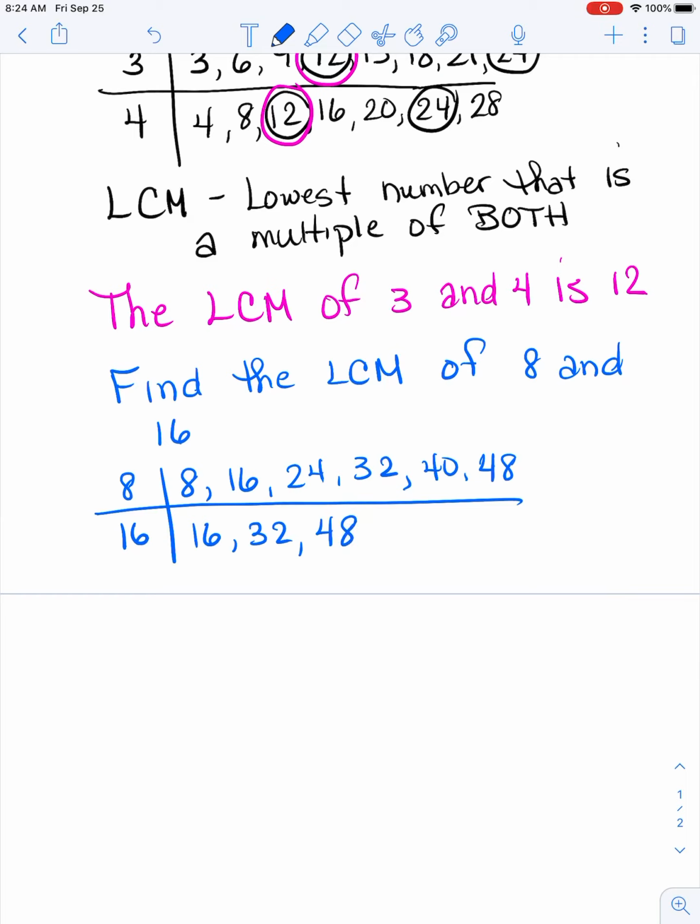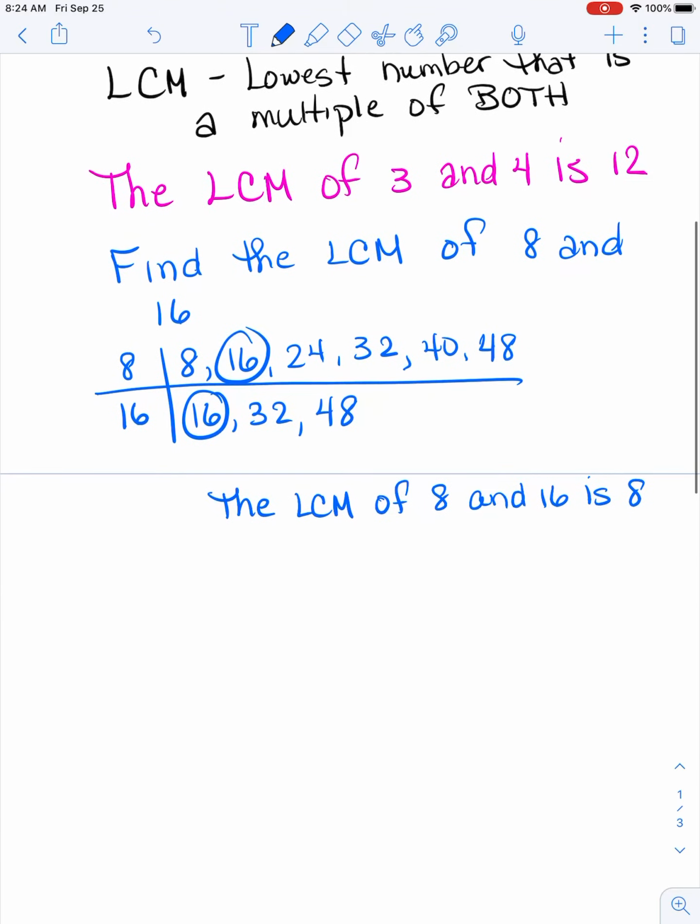Well, you might notice here that the first number they have in common is 16. So the LCM of 8 and 16 is 16. Now that's because if you look, you can see that 16 is actually the second multiple of 8.